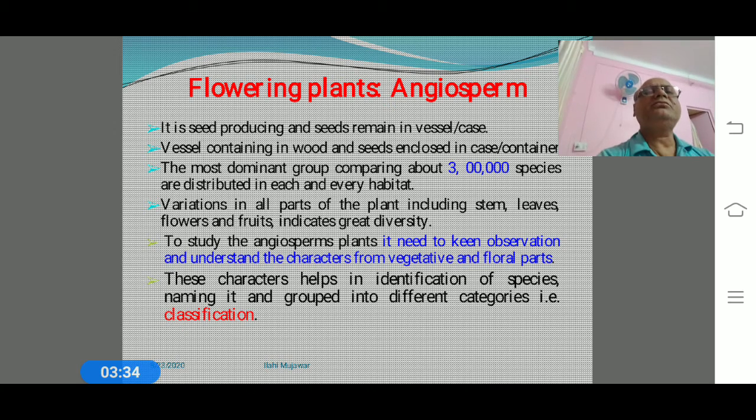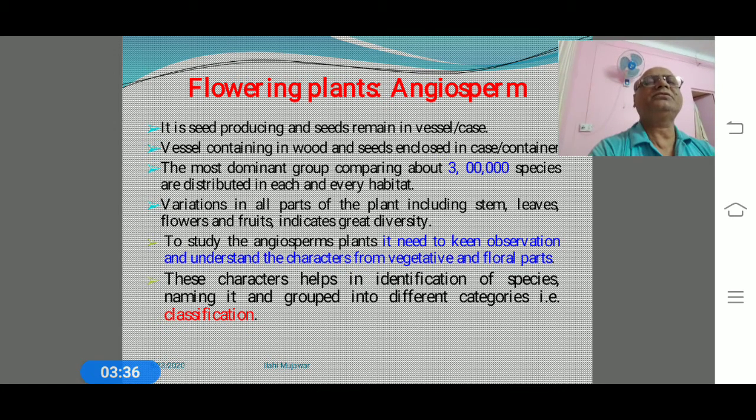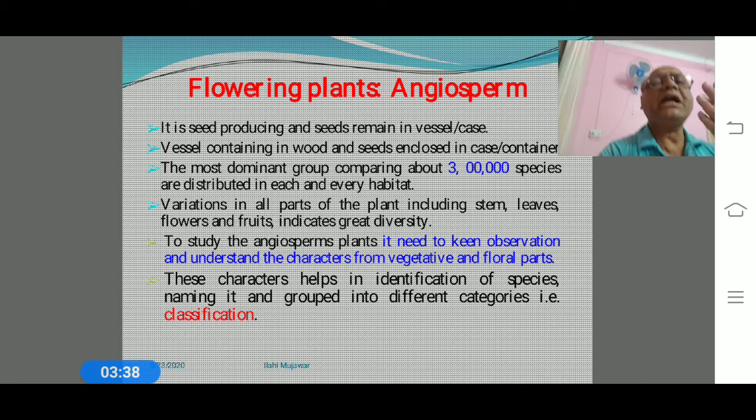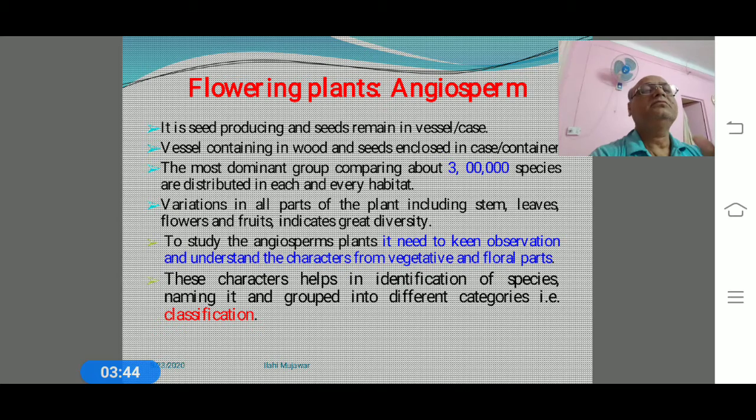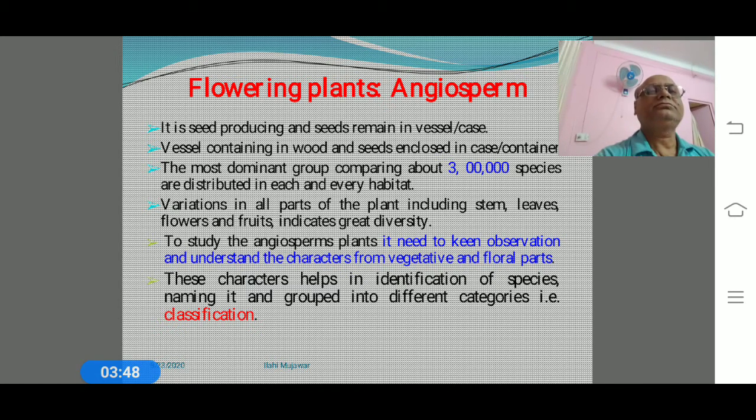The most dominant group, these angiosperms comprise about 3 lakh plant species, a huge number, and are distributed in each and every habitat, from the water to the snow, temperate to the tropical regions.